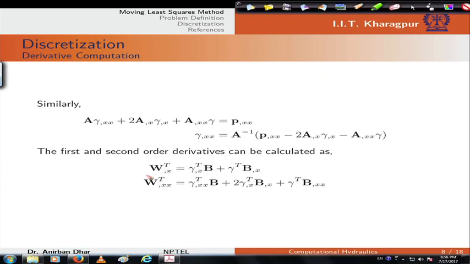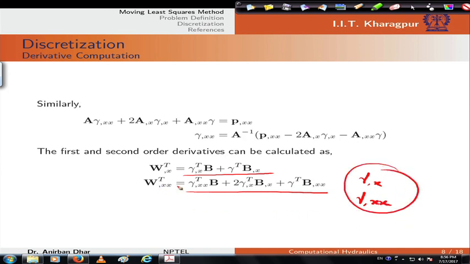So, now the full thing is gamma transpose comma x, this is our first derivative and this is second derivative. We already know the value of gamma comma x and gamma comma xx. We can utilize that value for calculation of first and second order derivative of our weight functions.